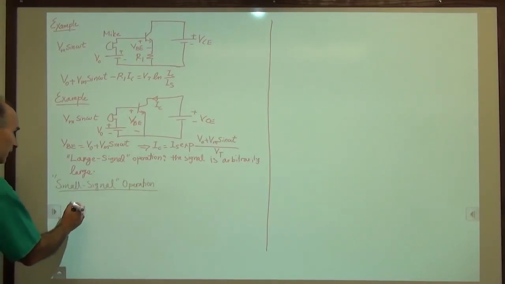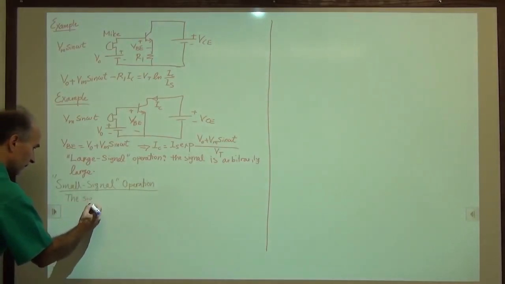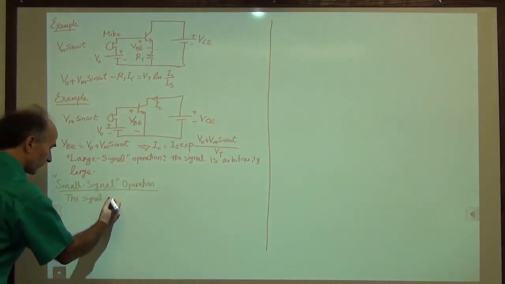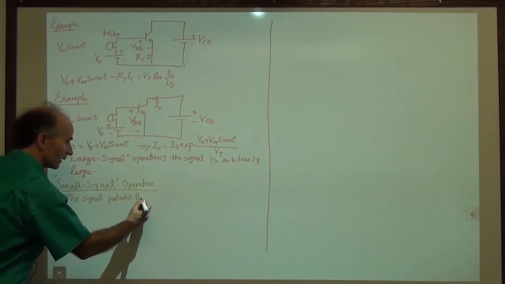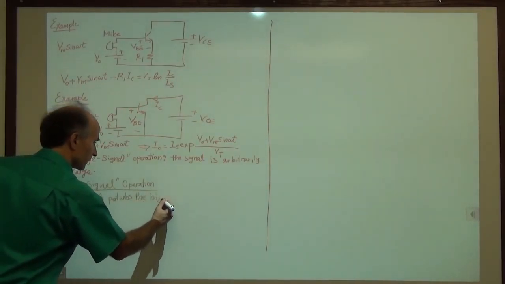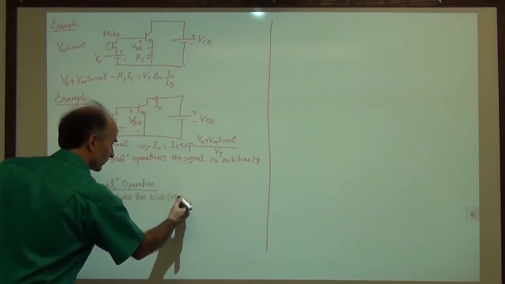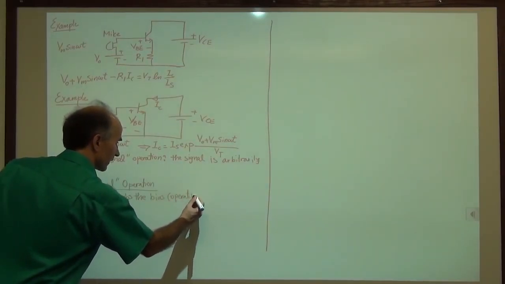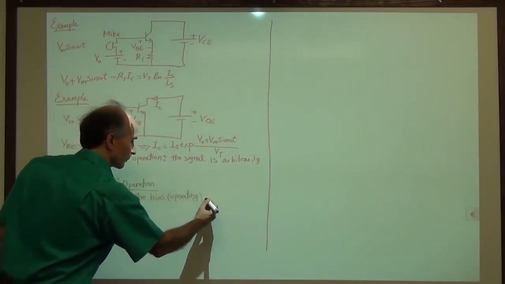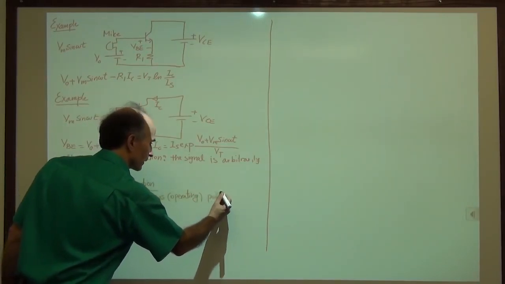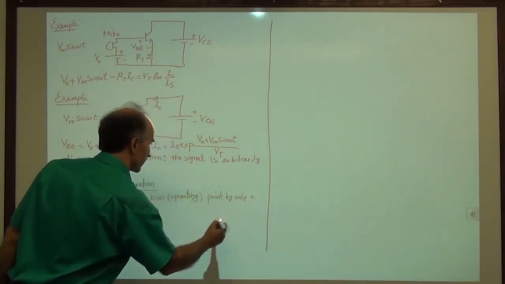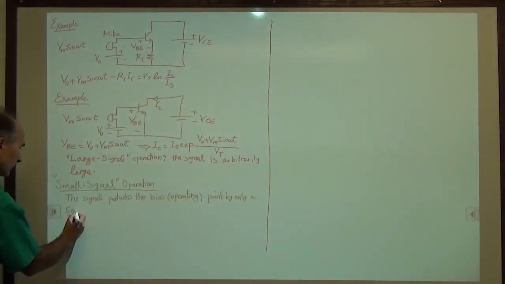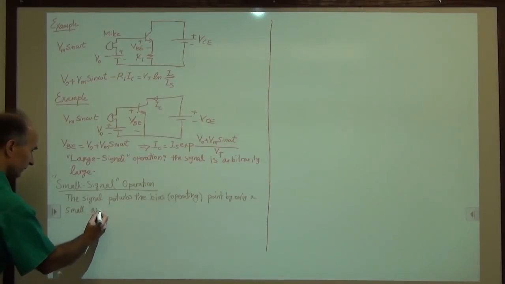So this means that the signal perturbs the bias, or what we call the operating point, by only a small amount.